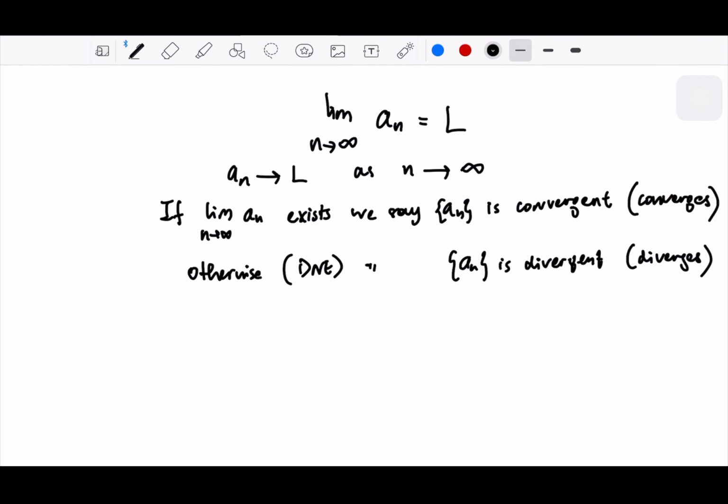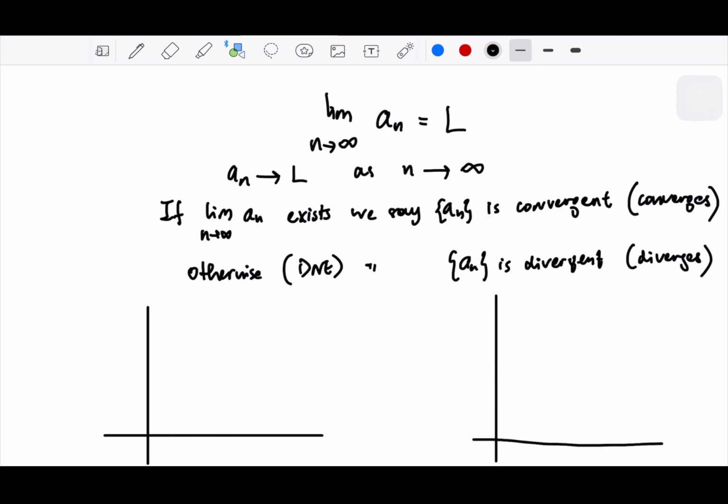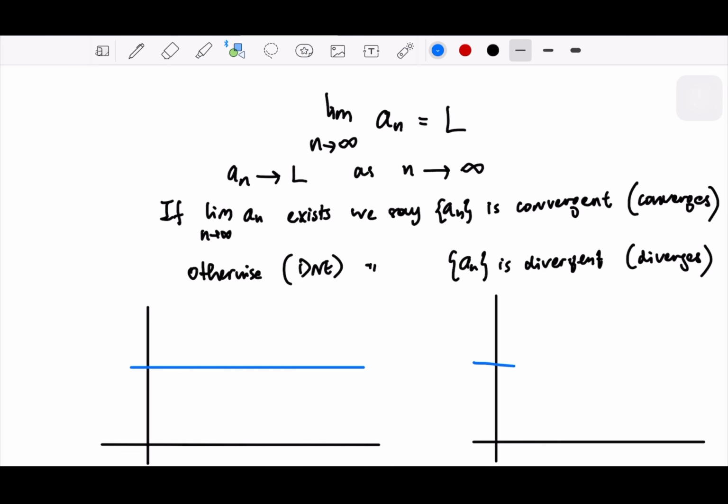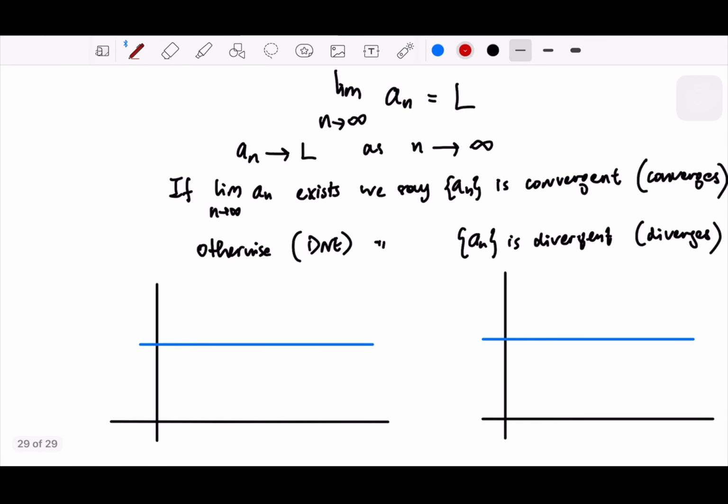Okay, just some illustrations, some visuals for the convergence. Let's say this is from here, start from here.